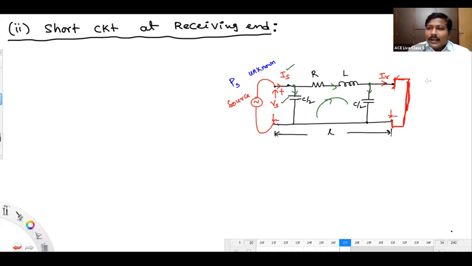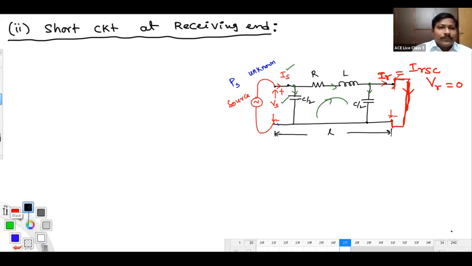After making that short circuit, receiving end voltage will fall down to 0, definitely, and whatever receiving end current we have, we are going to name it as short circuit current at the receiving end side.